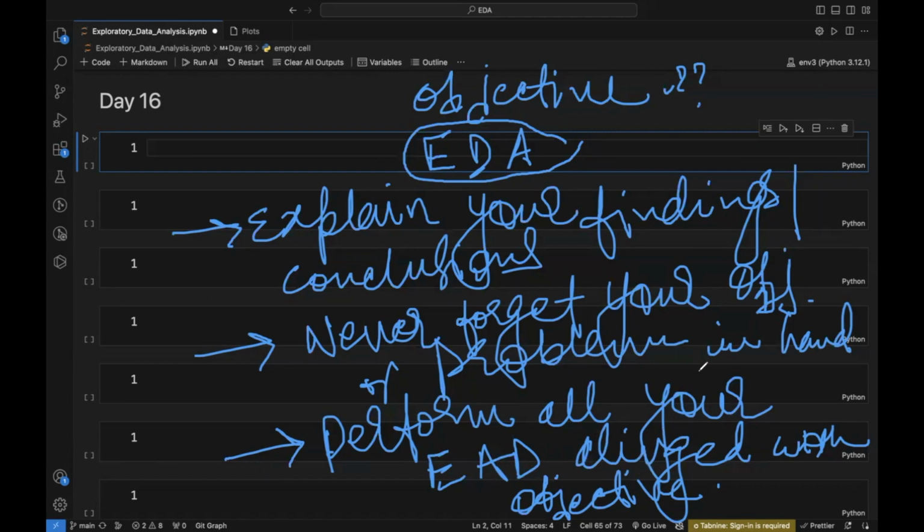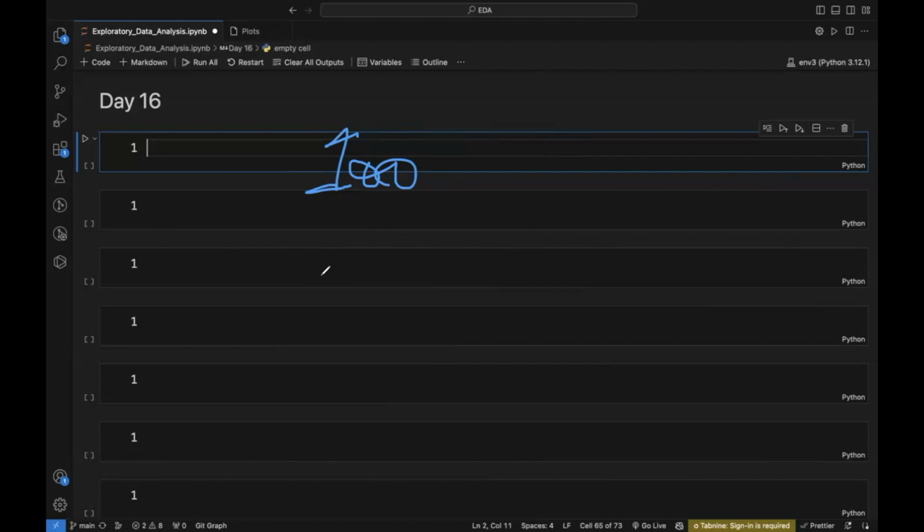There might be 100 other findings in this data set, let's say this Iris data set, which are not relevant to the problem we are solving. So always remember your objective. Our objective here is to classify our flowers into setosa, versicolor, and virginica, right? So all your data analysis should be aligned with your objective of trying to separate them. I could do many things which have got nothing to do with it.